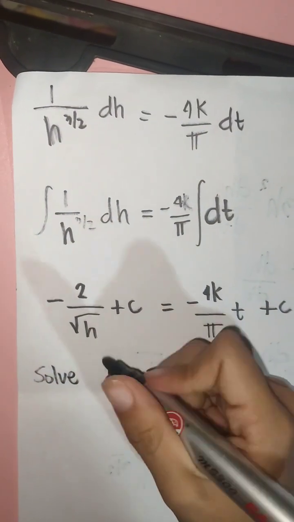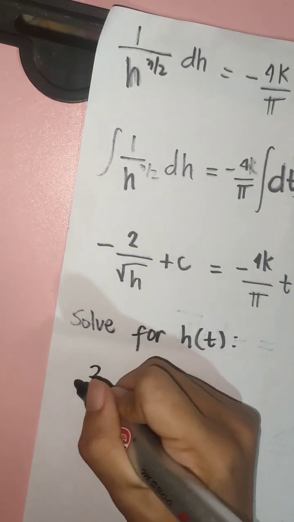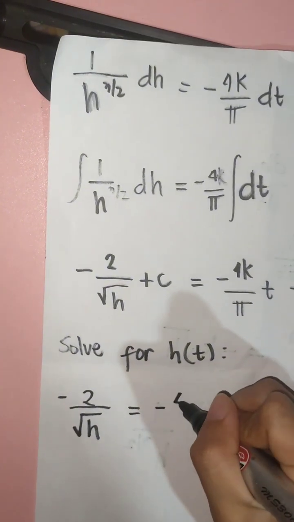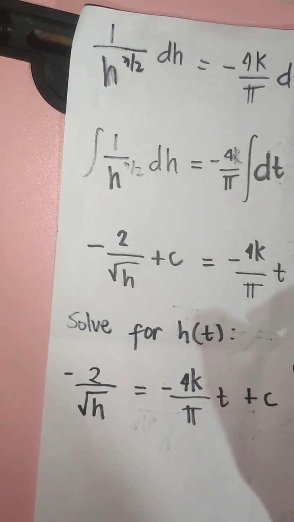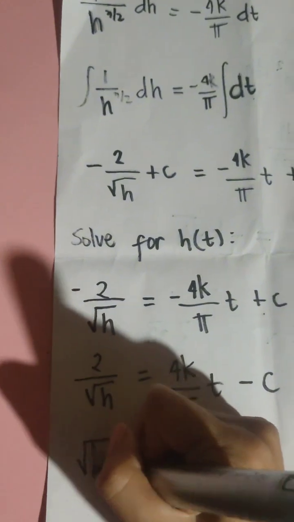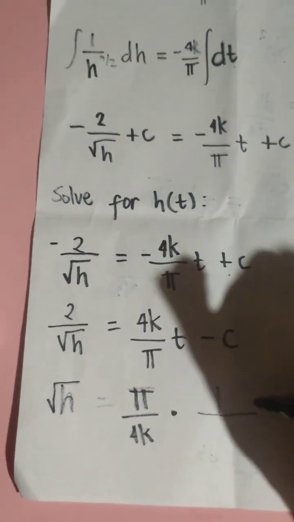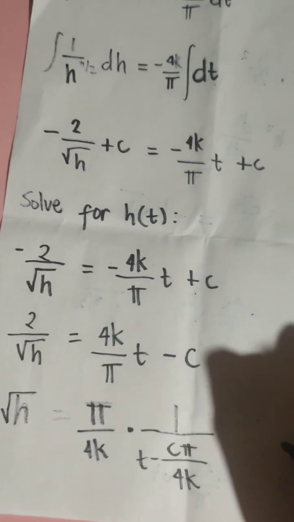And then lastly, we solve for h of t. So we have 2 over square root of h is equal to 4k over pi times t minus c. And then we take the reciprocals of each. So we have square root of h is equal to pi over 4k times 1 over t minus c pi over 4k. Then we square both sides to eliminate the square root.